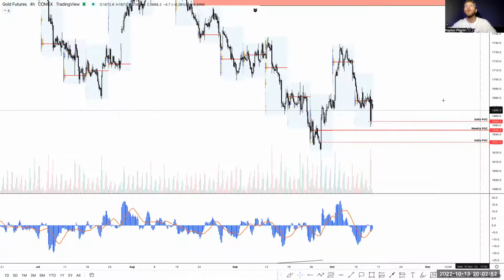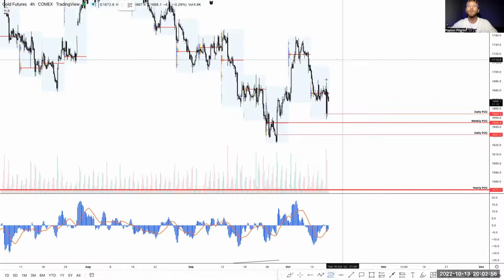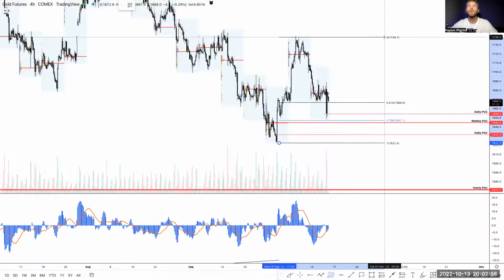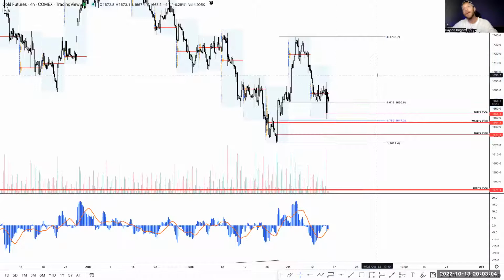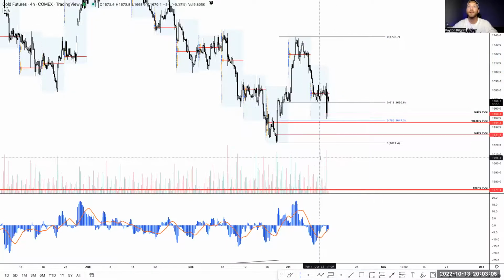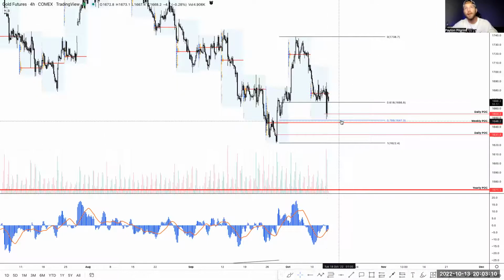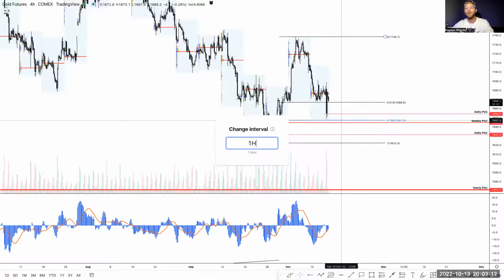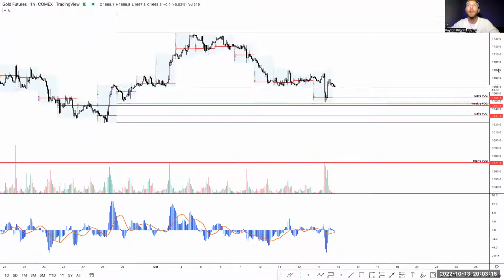So originally my thoughts for gold for the week was look for buys at the 78.6, and it barely missed it. So now how I'm going to look at it is if it comes down one more time, I might try at it. So if it comes down one more time, I might take a stab at gold.